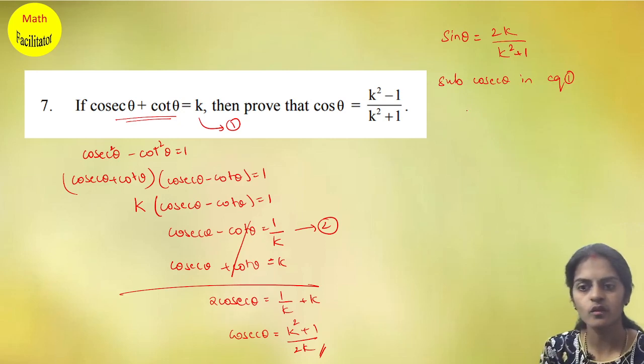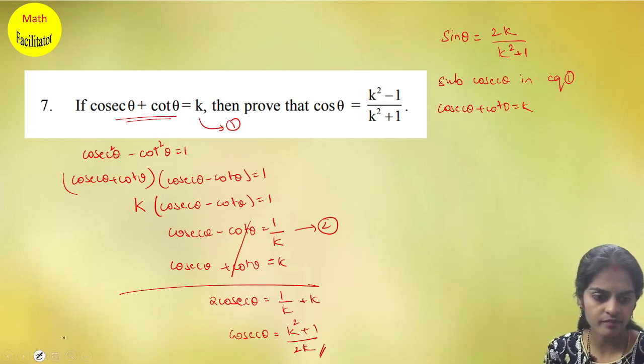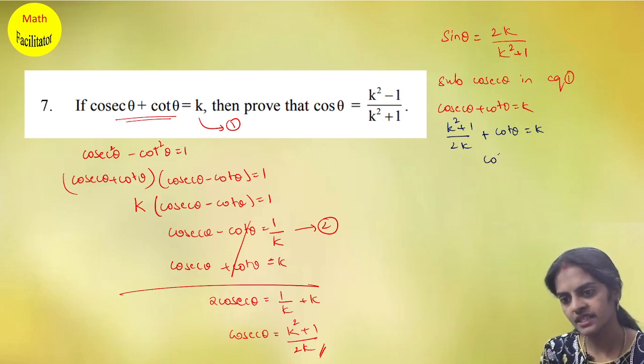So cosecant theta plus cot theta is k. Cosecant theta is how much? Cosecant theta is k square plus 1 by 2k, plus cot theta is k. So cot theta value will be k minus k square plus 1 by 2k. So taking LCM, it is 2k square minus k square minus 1 by 2k.